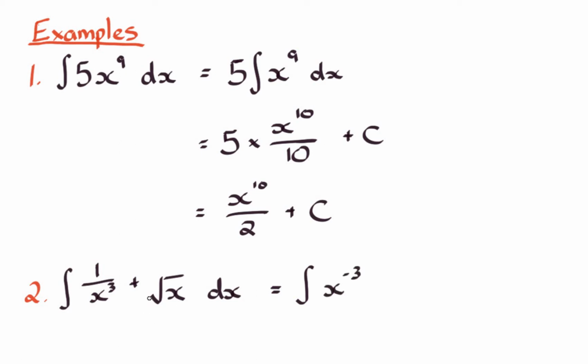And likewise, when we see radical signs, or square root sign in this case, we can express it as a fractional index. So the square root of x is x to the power of a half. Rewriting it like this then allows us to follow our normal rules. Just give ourselves a bit more room here.